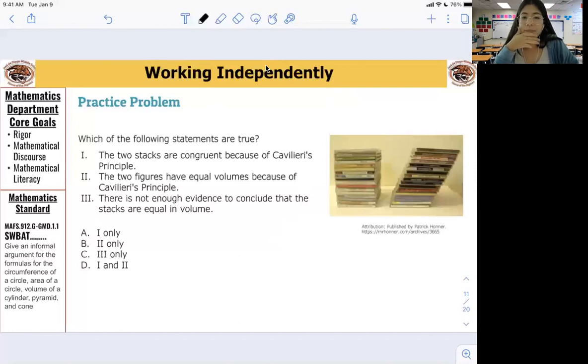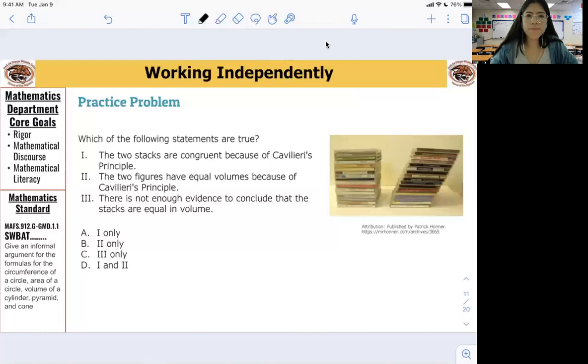Come on. Get those answers in. You have 10 seconds. 10, 9, 8, 7, 6, 5, 4, 3, 2, and 1.